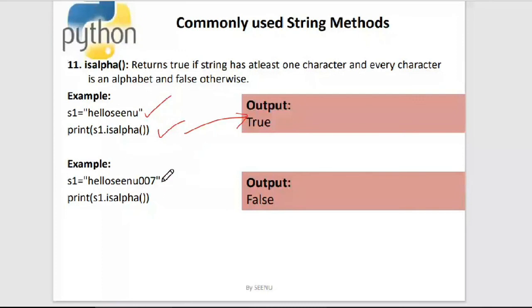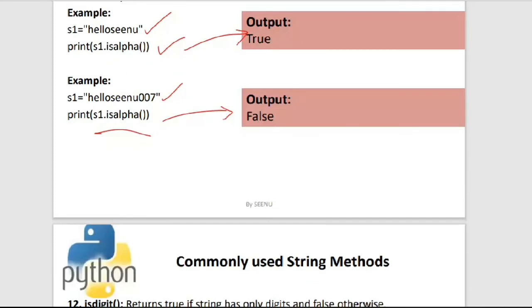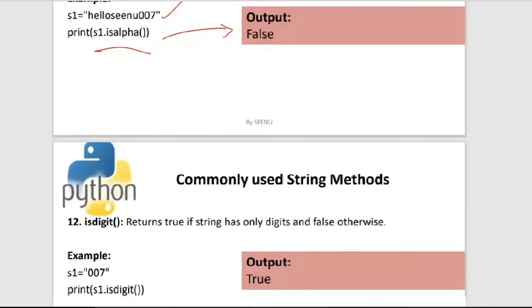In the next case, I have included some digits: hello Sinu 007. I'm checking isalpha, and it is giving false because there are digits over here. So isalnum will check for both digits and characters, while isalpha will check only for the characters.